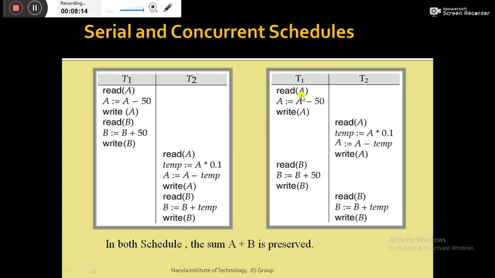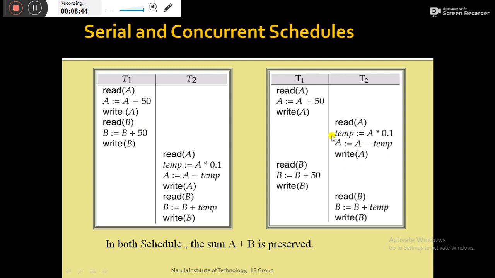It may happen that CPU starts executing T1, but CPU only executes the first 2 instructions, then goes back to T2. It may happen that CPU executes all the instructions of T2, then goes back to T1. So it may be any permutation combination kind of thing. How many instructions of a particular transaction are going to be executed by the CPU totally depends upon the CPU. That means you can get a large number of concurrent schedules.